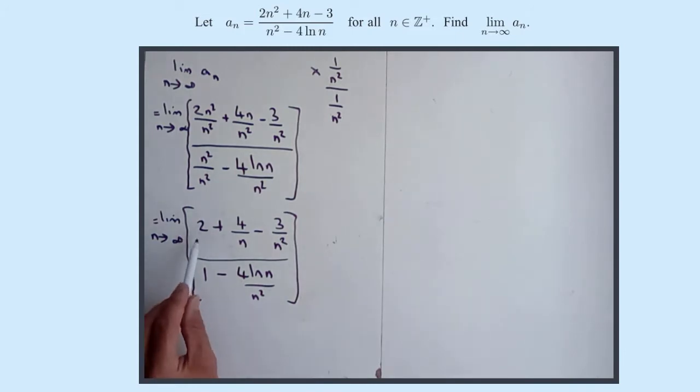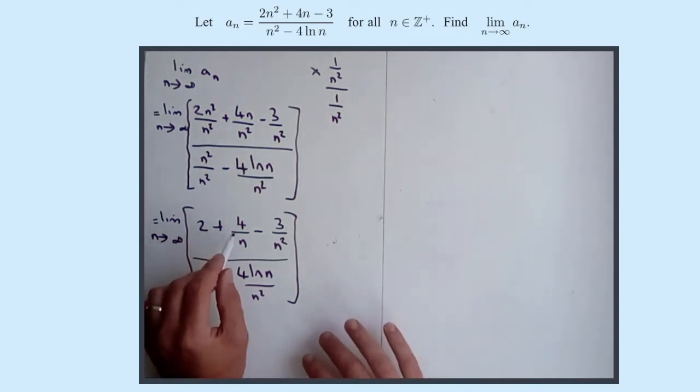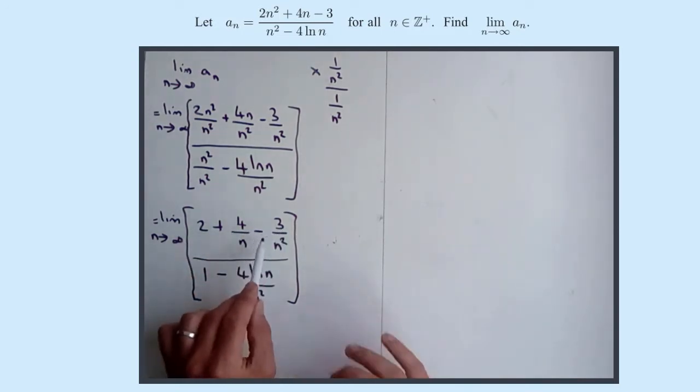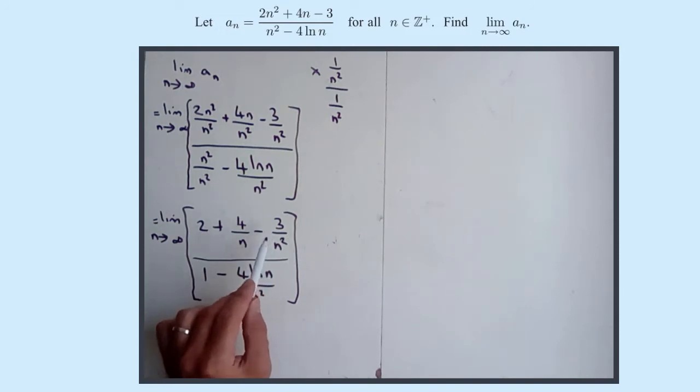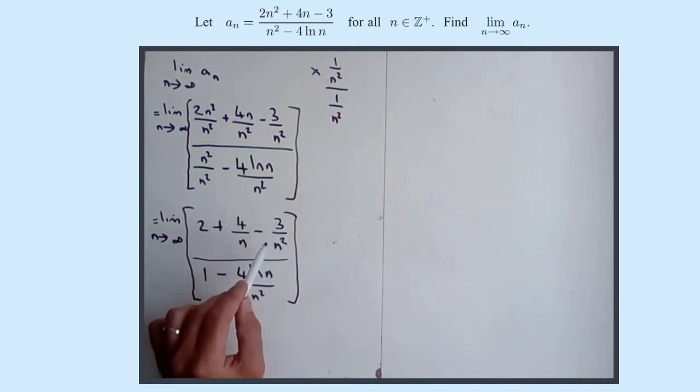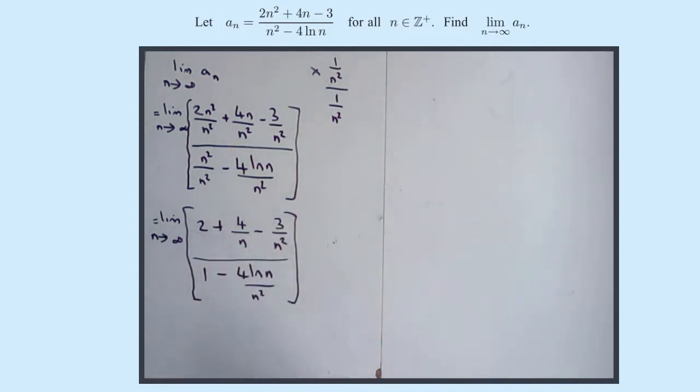The limit as n approaches infinity of 2 is just 2. For the 4 over n term, you can take the 4 out, and that's 4 times the limit as n approaches infinity of 1 over n, so this is just 0. This one is minus 3 times the limit of 1 over n squared, which is 3 times 0, just 0.